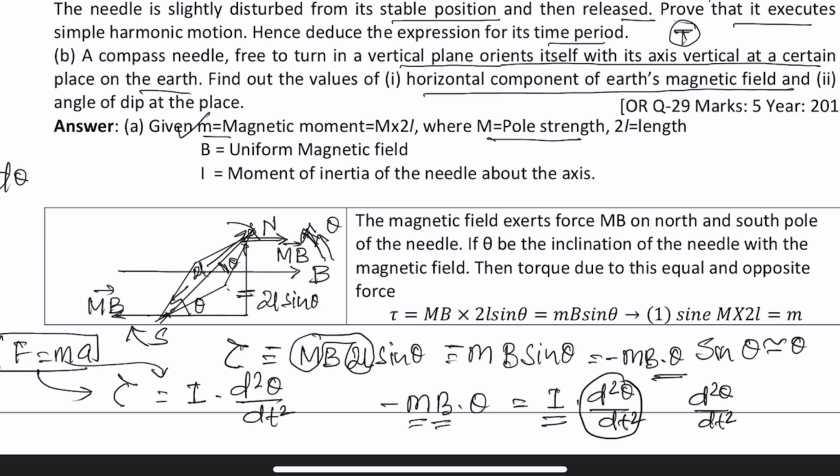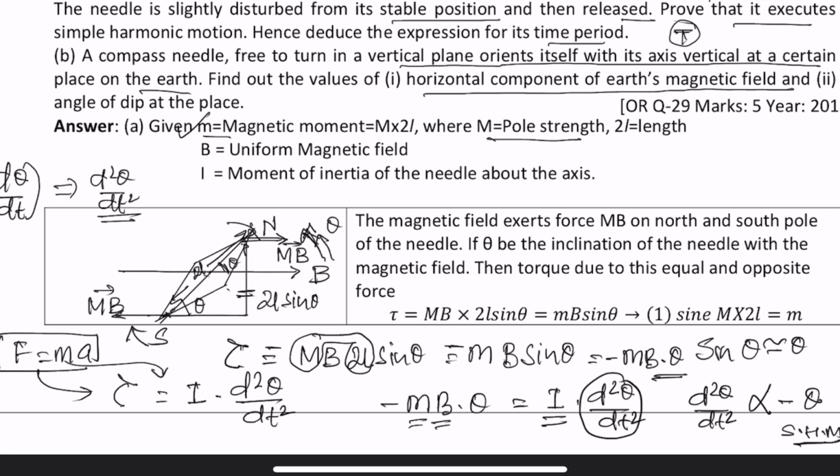D theta by dt is the angular velocity, correct? Now if we differentiate this velocity, it becomes d2 theta by dt square, this is the acceleration. So in this equation we find that the angular acceleration is proportional to minus of angular displacement, correct? Such motion where acceleration is proportional to minus displacement is simple harmonic motion, correct?